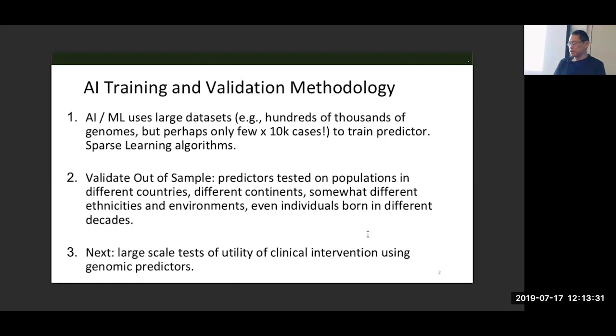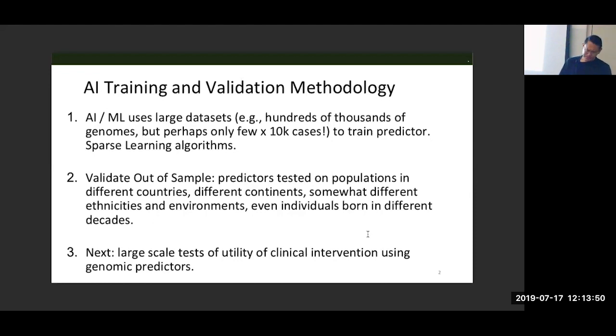You must show that the risk or phenotype prediction there is comparable to what you got on your training set. That increases the likelihood that the effects you're discovering are robust genetic effects, because they replicate in different populations that have experienced different environments.